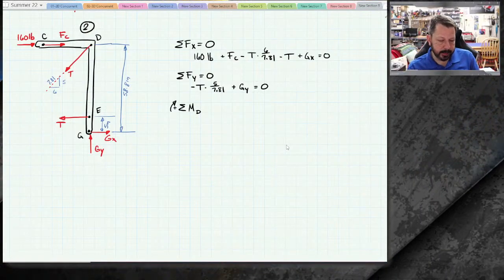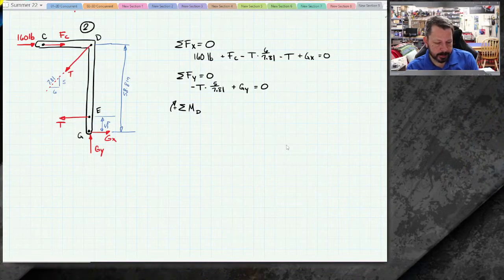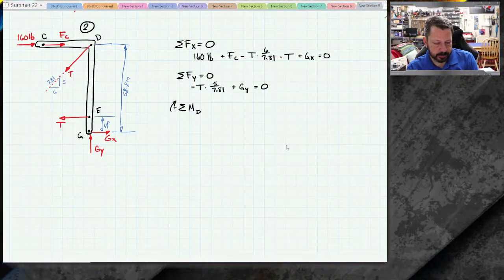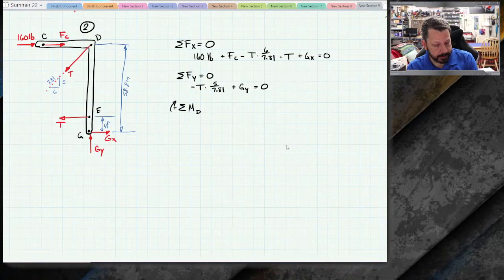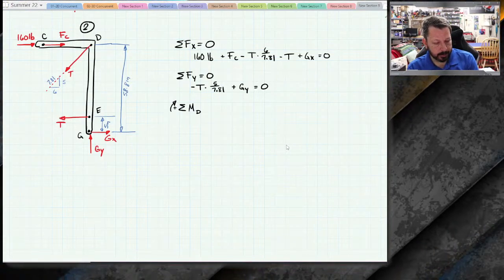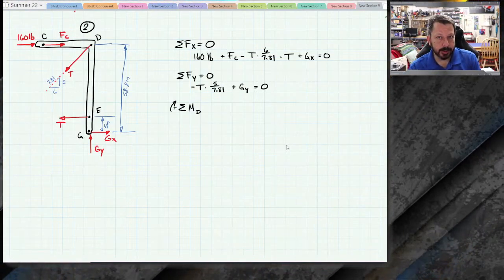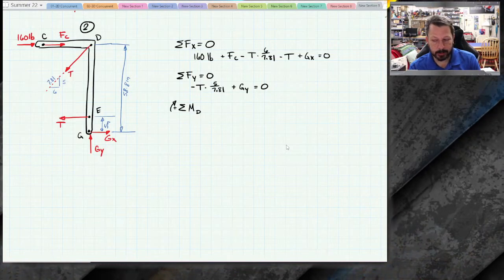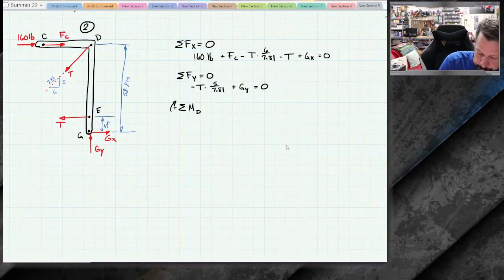If I do D here, then the 160, FC, the angled T, and GY all do not create moments about D. So that'll make my equation relatively simple.